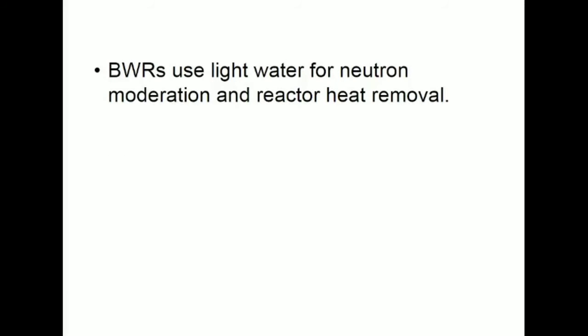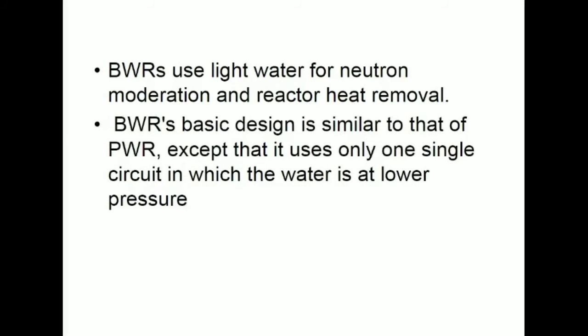BWRs use light water for neutron moderation and reactor heat removal. So in this case, ordinary water is used as a moderator to reduce the speed of neutrons and it is also acting as a coolant. BWR's basic design is similar to that of PWR except that it uses only one single circuit in which the water is at lower pressure.